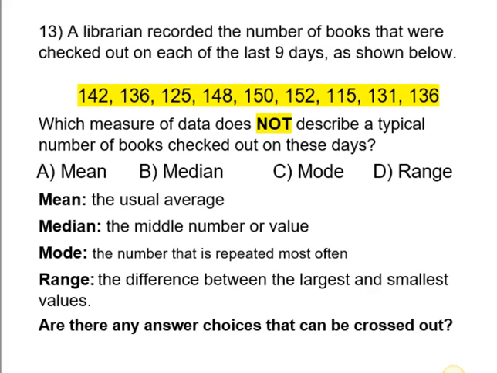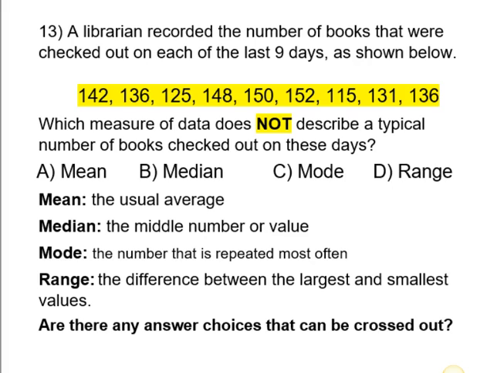Now that we have that information, are there any answer choices we can cross out that are wrong? And basically what we're saying is these answers are what could help us, or are typical of measuring data, to find out the number of books that were checked out.